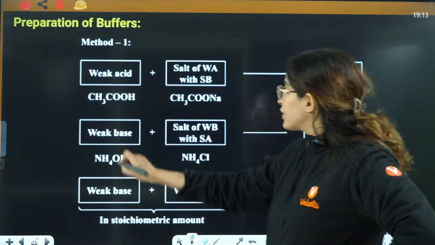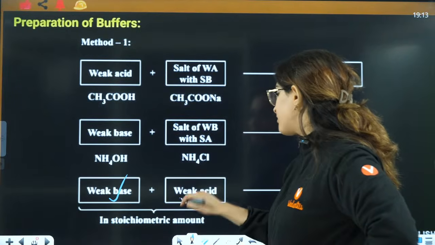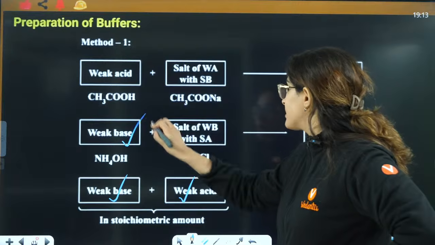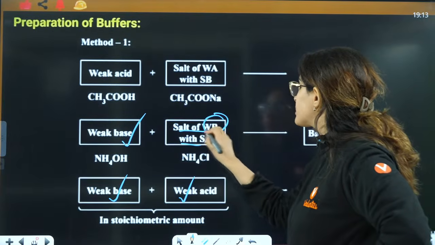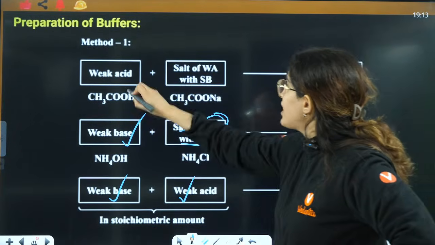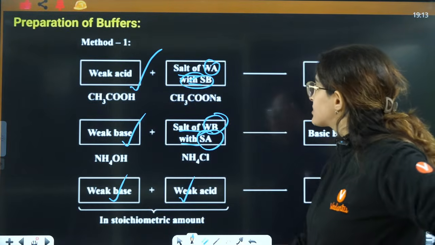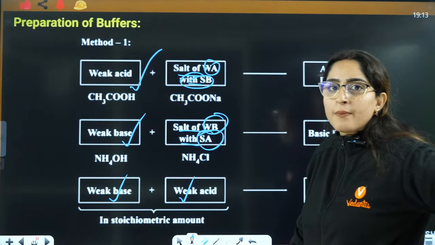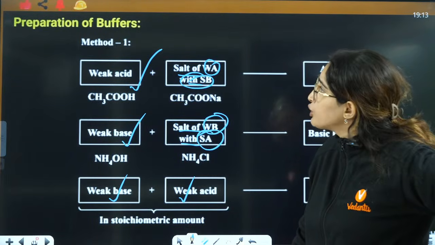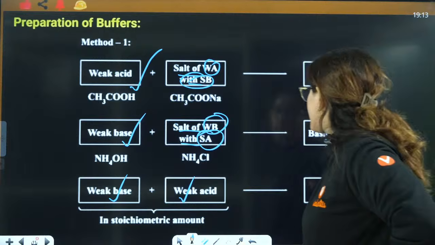What if they have given you weak base and salt of weak base with strong acid? How will you tell which kind of buffer is there?